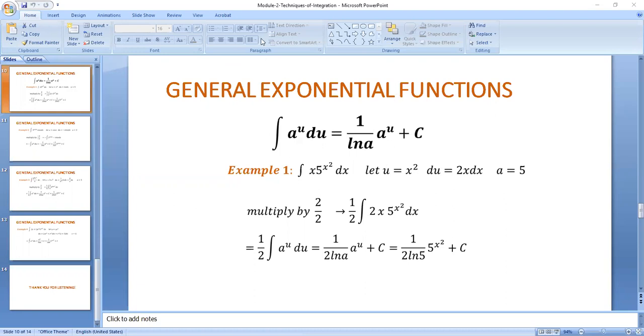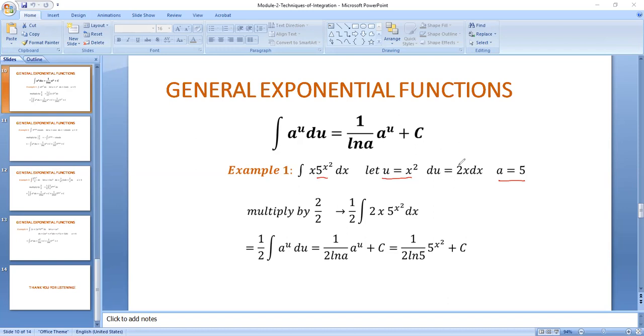Now, if you're going to apply that principle on our first example, we apply the formula. You can see that this is your a^u. So your a is 5, and your u is x squared. Whenever you assign an expression or a function as u, the next step always is you differentiate it. Look for your u and differentiate it.